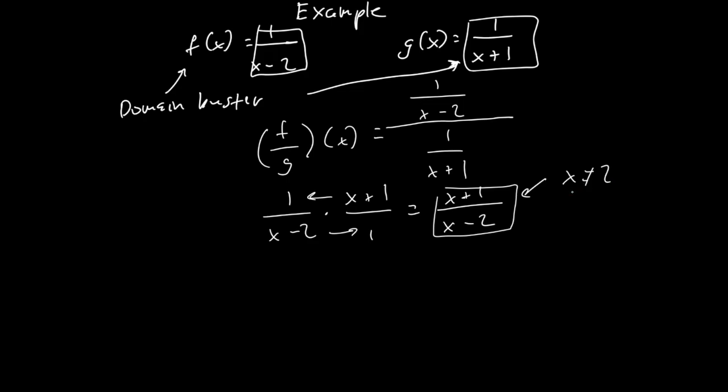But we must also exclude all the domain values that make the original denominator 0. So even though we don't have x plus 1 in the denominator, we have to include it in our domain where x cannot equal negative 1 as well, because we're combining these two functions.